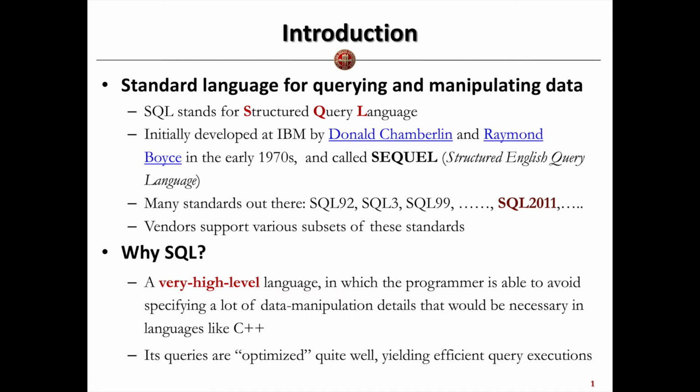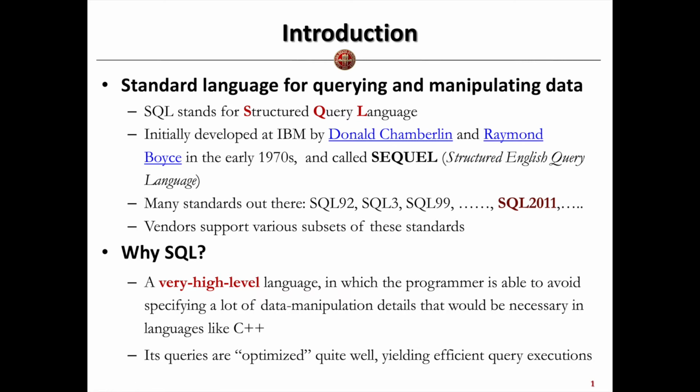It was initially developed by IBM by Donald Chamberlin as well as Raymond Boyce in the early 1970s. It was also initially called SEQUEL, the Structured English Query Language, or the SEQL. And later on, we changed the name to SQL instead. It is shorter. And there actually exist different versions of SQL.